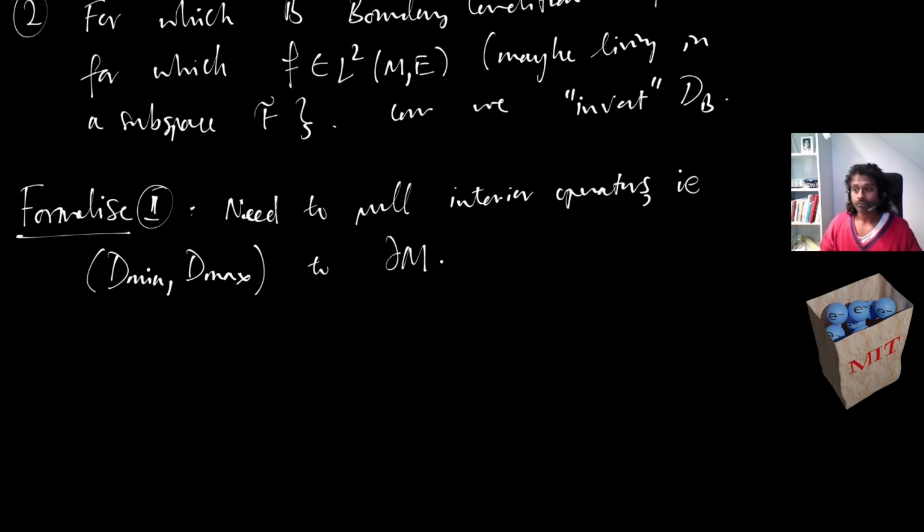So, yes? The question is, why are they interior operators? There are different ways of approaching this. Of course, we are now looking at manifolds with boundary. But if we didn't include the boundary and just looked at the interior operator, we can still make sense of Dmax and Dmin for sections sitting only in the interior.